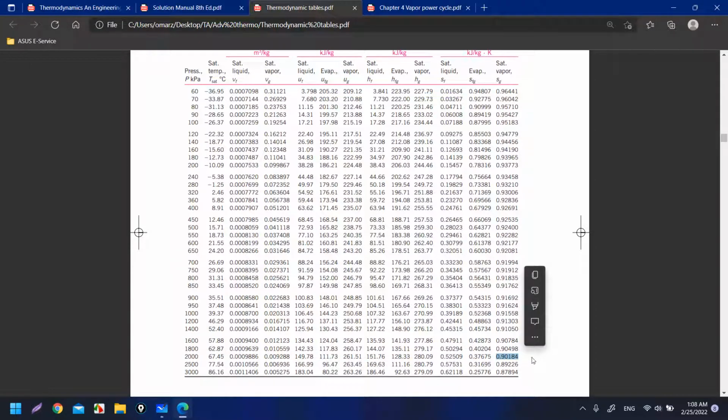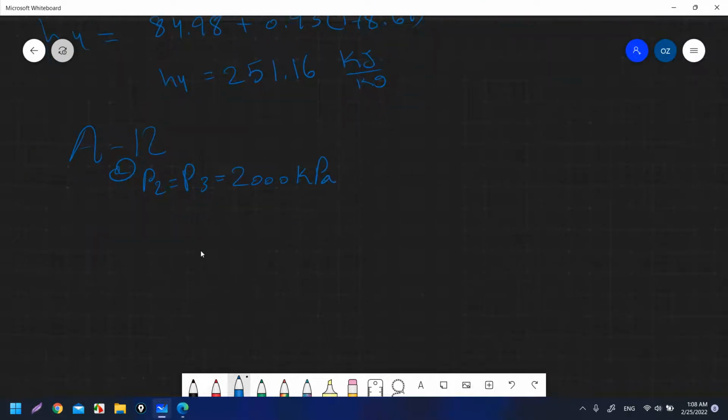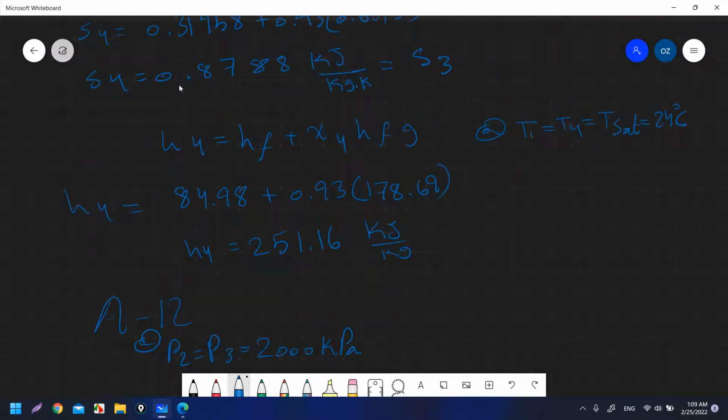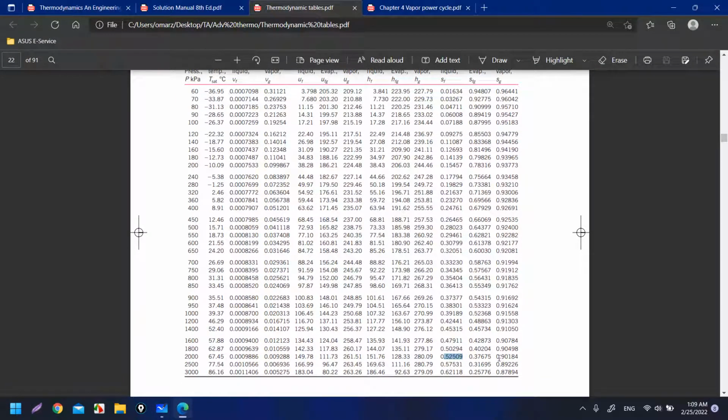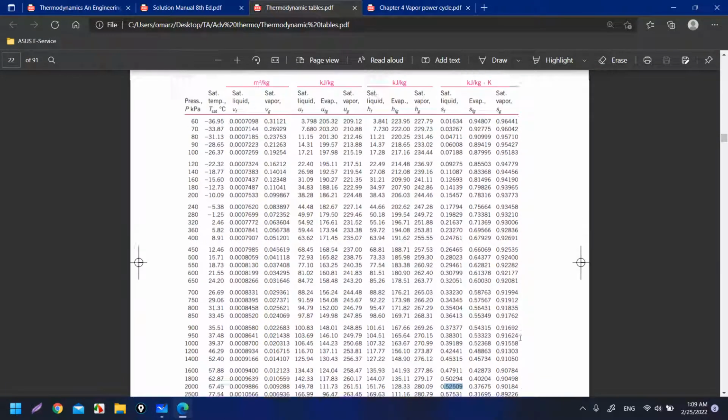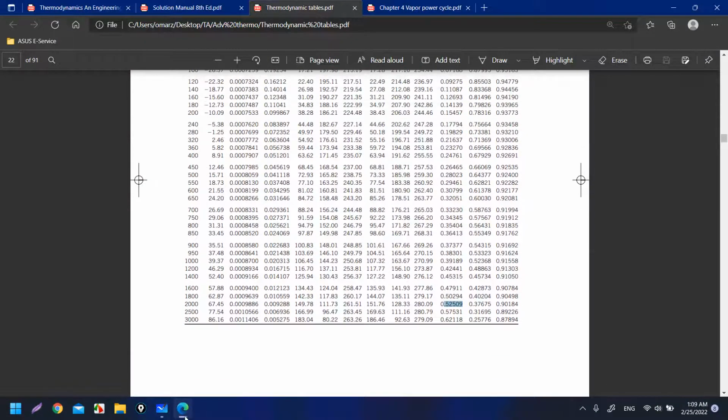If it is higher, it will be superheated. If it is lower than SG and higher than SF, it will be a mixture. My S3 is equal to S4, which is 0.8788. 0.8788 is less than 0.90184, less than SG, so it is a mixture.